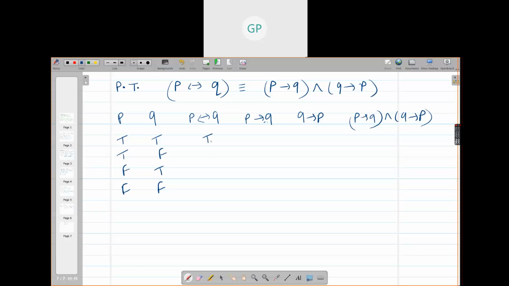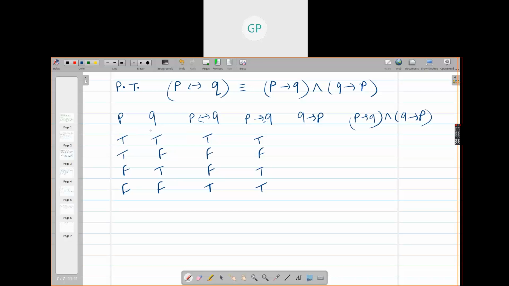T F F T. When both the truth values are same, then it is true, like this, okay? P implies Q: T F T T. What is Q implies P?